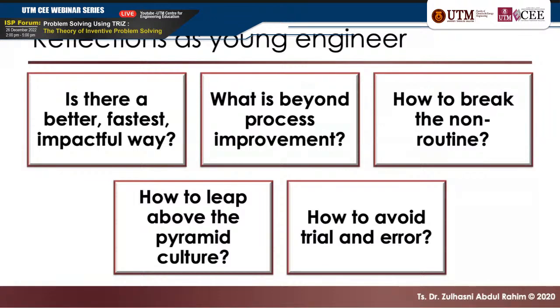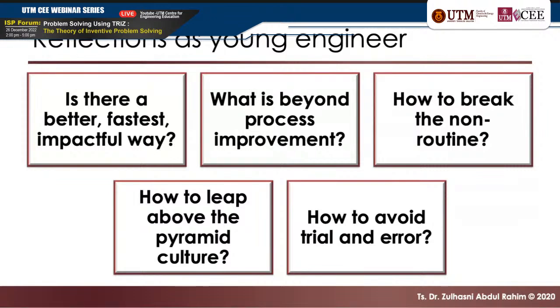The pyramid starts with one person, and then they have two, four, and then they become more and more. So we need to make sure that we are able to develop an innovation that is able to leap across the barrier that we face in the current position. And lastly, how to avoid trial and error.